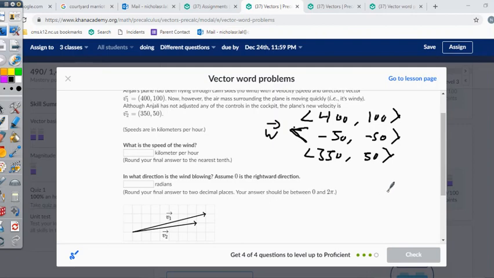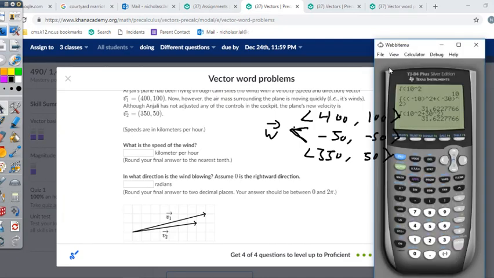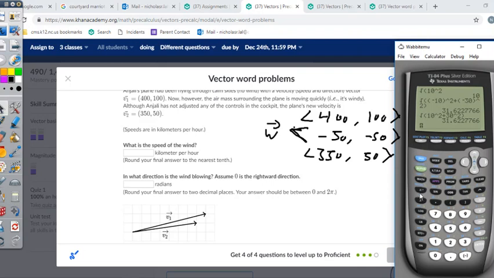So the wind is going to have a vector of negative 50, negative 50. So what's the speed of the wind? What is the square root of 50 squared plus 50 squared, using the Pythagorean theorem? It's going to be 70.71.